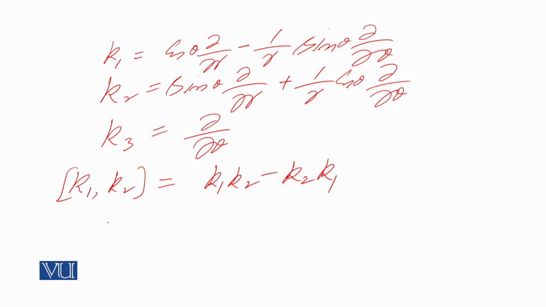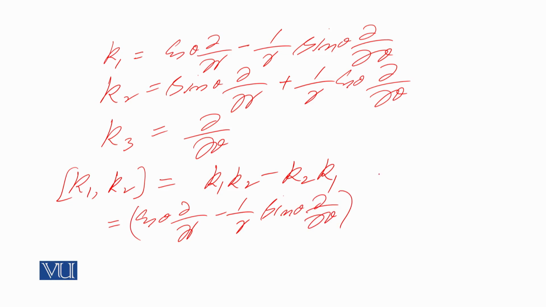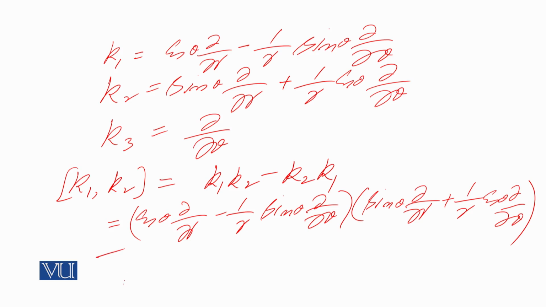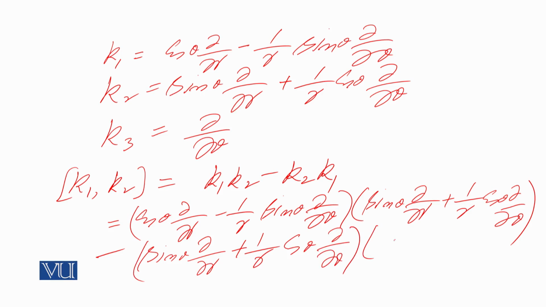So we have already found these things. So cos theta partial by partial r minus 1 over r sine theta partial by partial theta, then K2 sine theta partial by partial r plus 1 over r cos theta partial by partial theta, minus sine theta partial by partial r plus 1 over r cos theta partial by partial theta into cos theta partial by partial r minus 1 over r sine theta partial by partial theta.